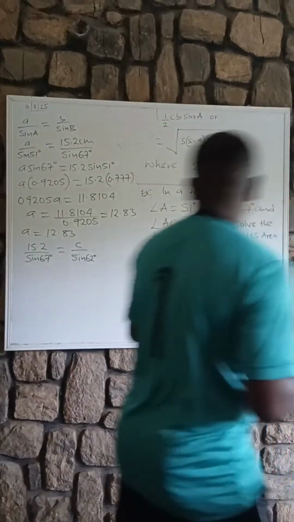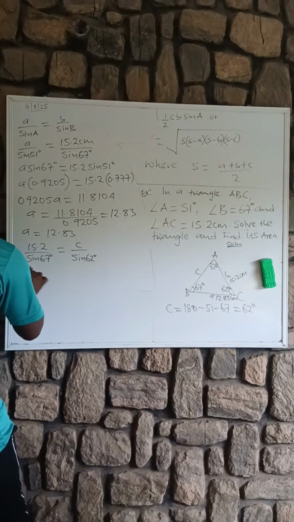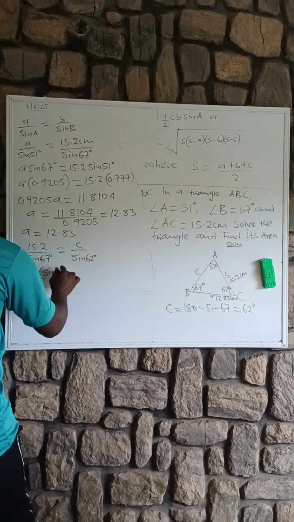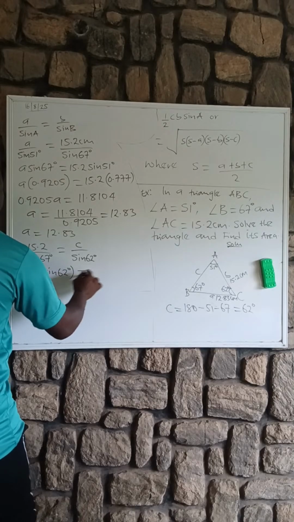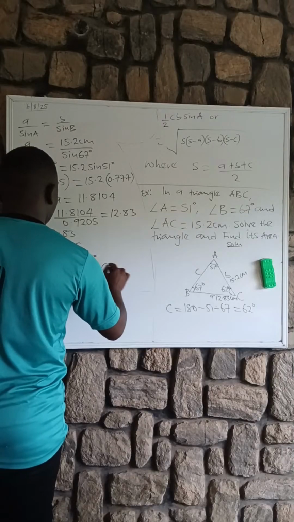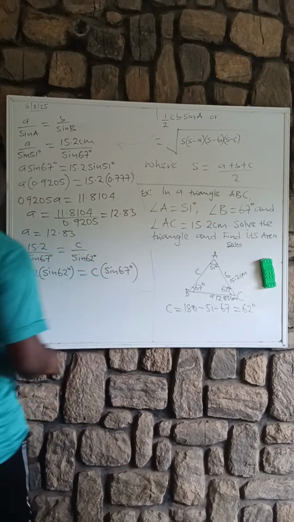So 15.2 times sine 62 degrees equals C times sine 67 degrees. Right?